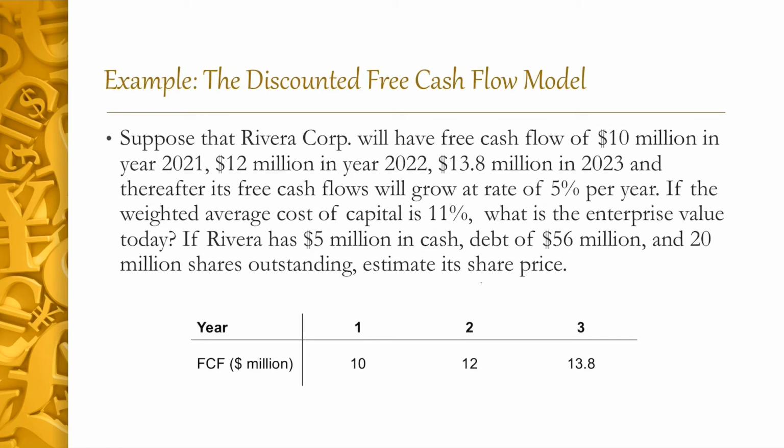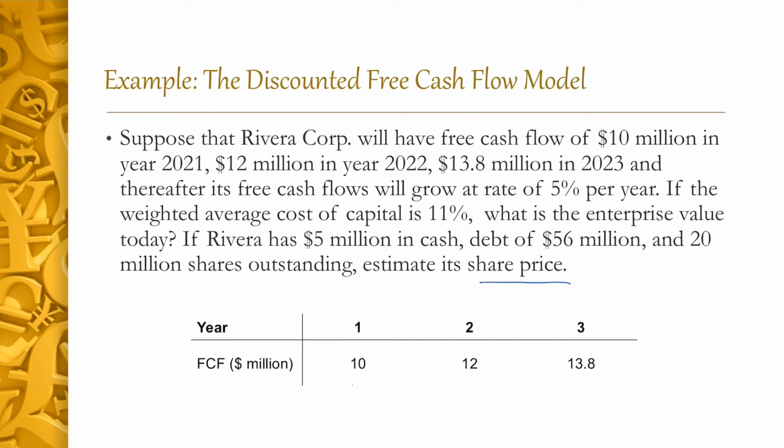And we are also interested in calculating the share price for Rivera Corporation. So if Rivera has $5 million in cash and $56 million in debt, and also 20 million shares outstanding, how can we calculate its share price? This table shows the free cash flows for Rivera Corporation.